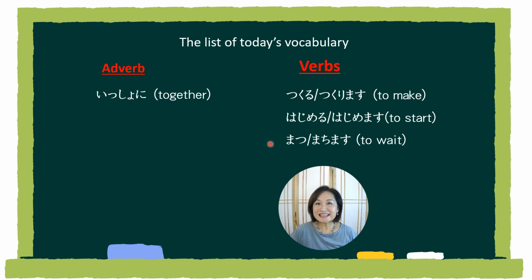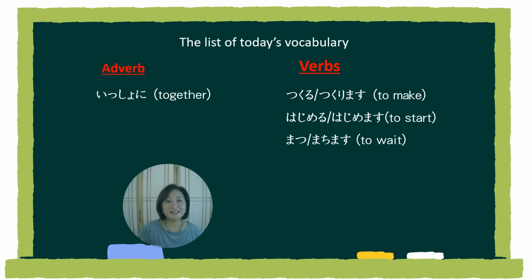待ちませんか? そうです。Another new word that I want you to add to your vocabulary list is 一緒に, which means together. It's a great word to remember when using the masenka form because it emphasizes that you're inviting someone to do an activity with you.